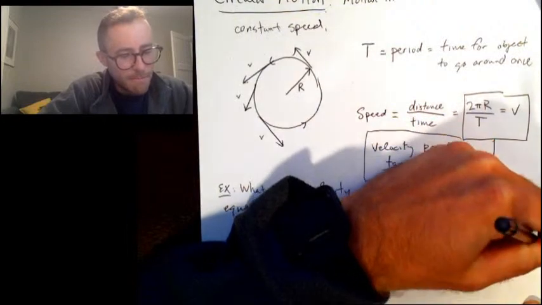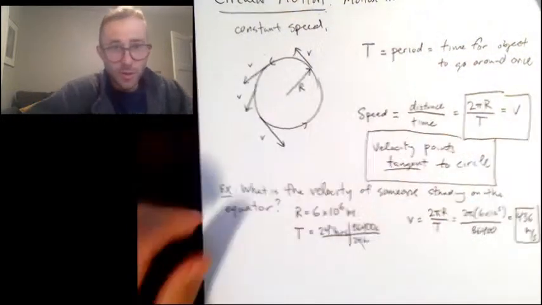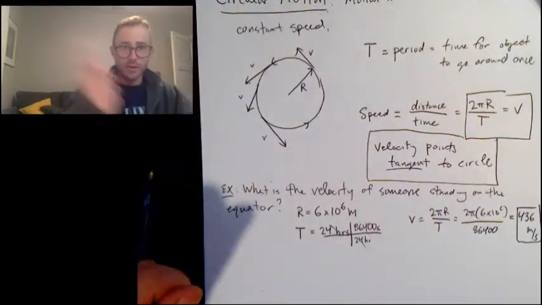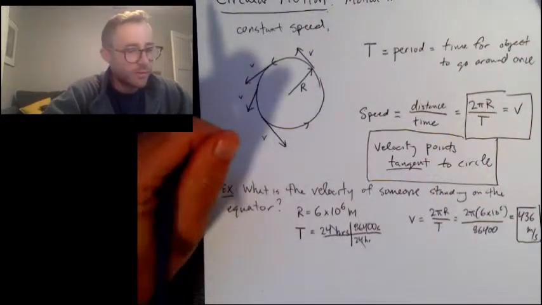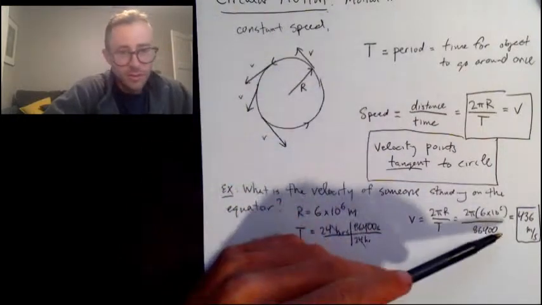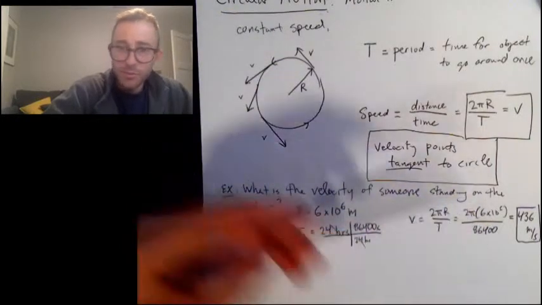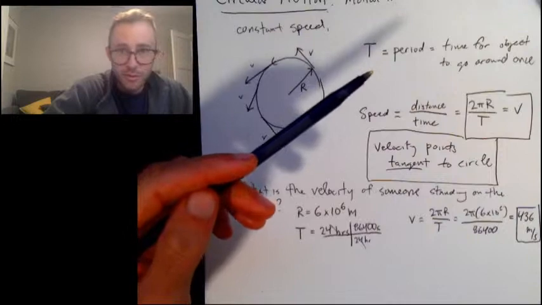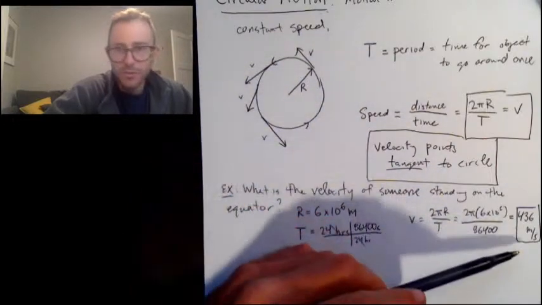So right now, someone on the equator is actually whirling around the center of the Earth at 436 meters per second. Now, I find that kind of interesting because the speed of sound is 340 meters per second. So you're actually going at a supersonic speed.